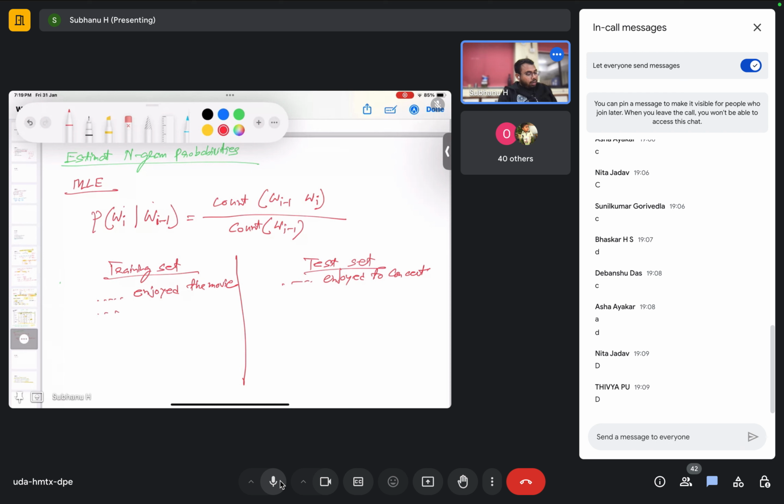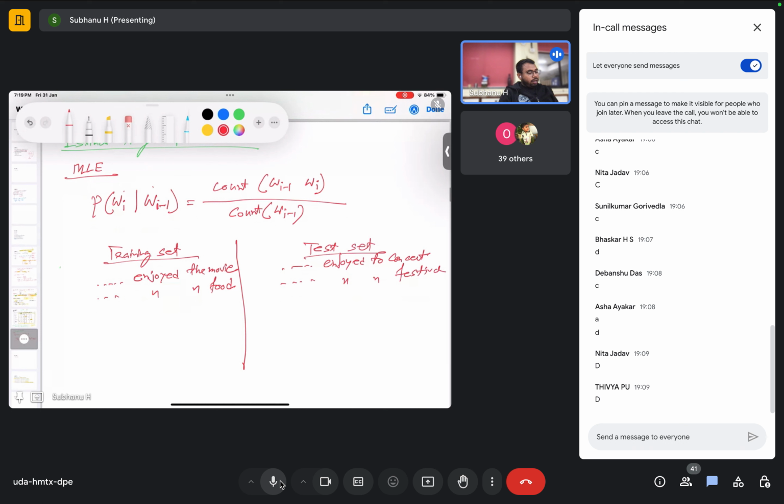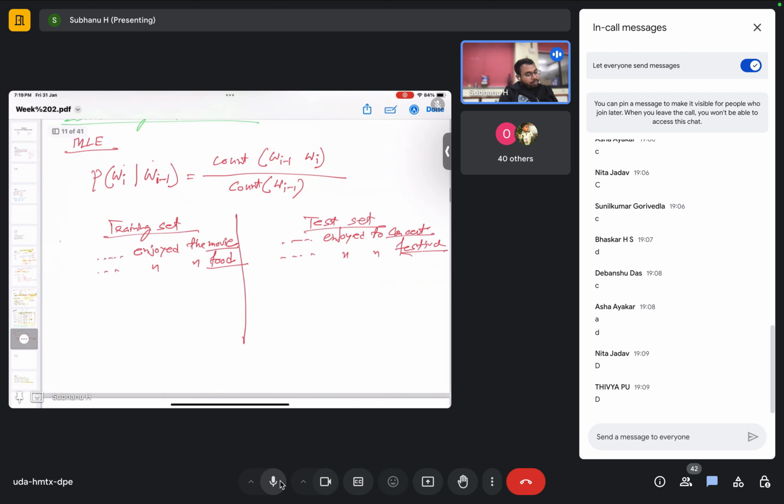Now enjoyed the food, but in your test set it has enjoyed the festival. So if this is the scenario, like here you have movie, concert, food, festival, then you will have a problem with these n-gram models. And also, these problems lead to a serious problem called zero probability n-grams.